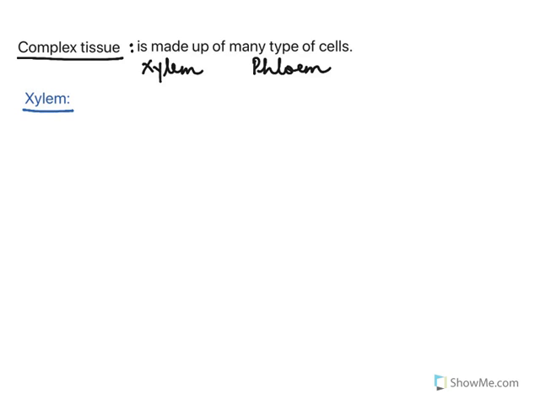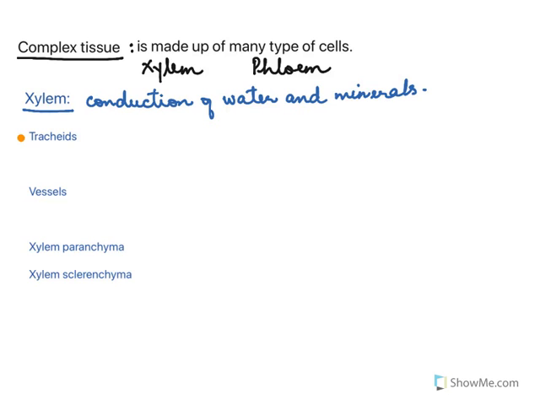The xylem tissue helps the plant in the conduction of water and minerals. The water and minerals that are absorbed by the roots are taken to the different parts of the plant by the xylem. Now, xylem consists of four kinds of cells, and they are the tracheids, vessels, xylem parenchyma, and xylem sclerenchyma.